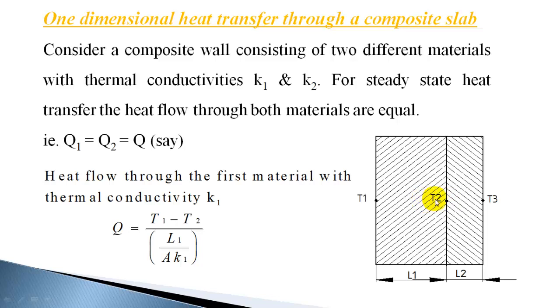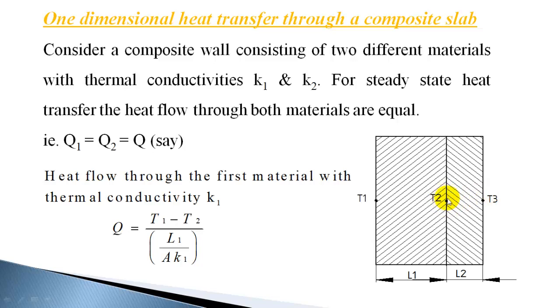If heat flow difference comes like this, the temperature of this junction should rise. That means it's not steady state. So when the junction temperature rises, the temperature difference within this material will increase, and with more temperature difference, more heat flow takes place and temperature will come down.